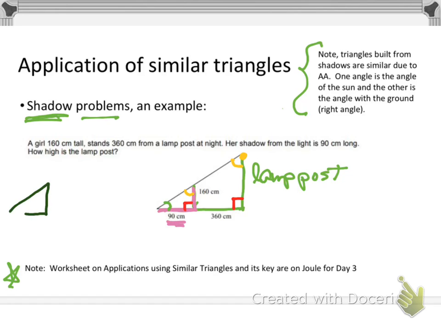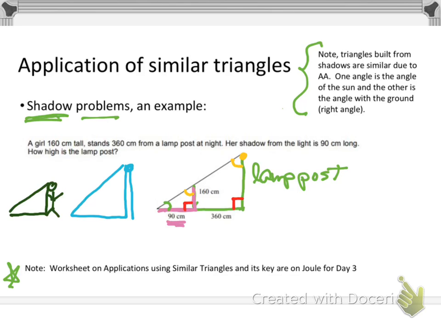You have this triangle that has the little girl. Okay, so this is the little girl. And then you have a second triangle. Okay, the second triangle has the lamp post. So here's the little lamp post with the light. Okay, so that's a lamp post. And you have those two triangles, and we have some measurements.